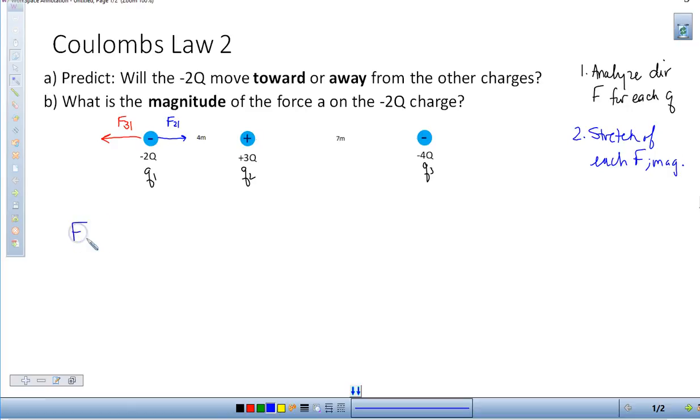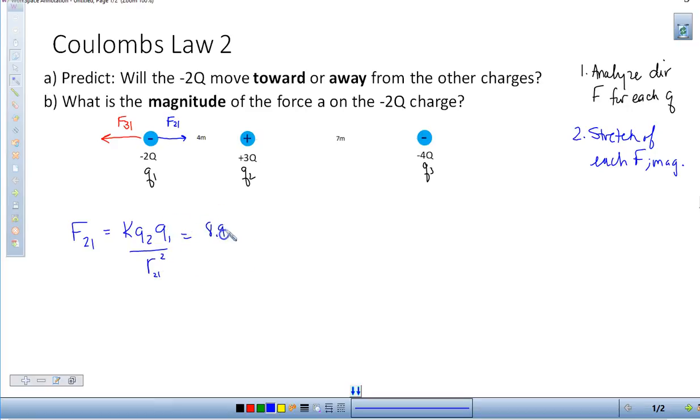So the force of 2 onto 1 would be K Q2 Q1 over the distance between the two charges squared. Call it r 2,1 for the distance between.